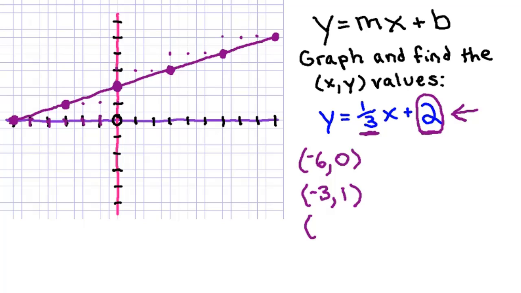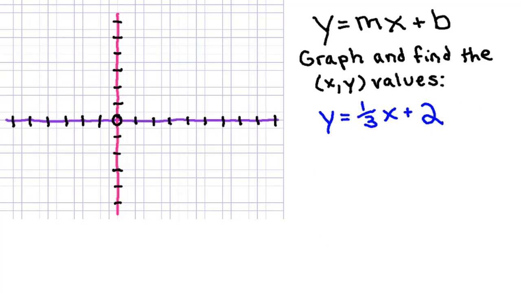Or 0, comma, 2. Or 3, comma, 3. Or 6, comma, 4, and so on. So the x, y values could be any one of these. It doesn't matter. They're still points on the straight line, so these are all acceptable.